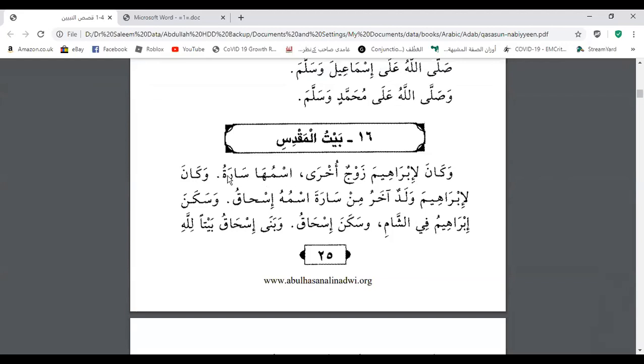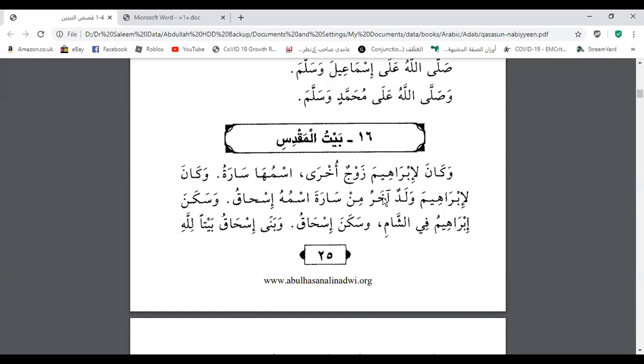Her name was Sarah. Wa kana li Ibrahim waladun akhar. And for Ibrahim alayhi salam was another son, another. Ukhra is plural, akhar is masculine. Feminine, akhar is masculine. And it's akhar, not akhir. Akhir is last.